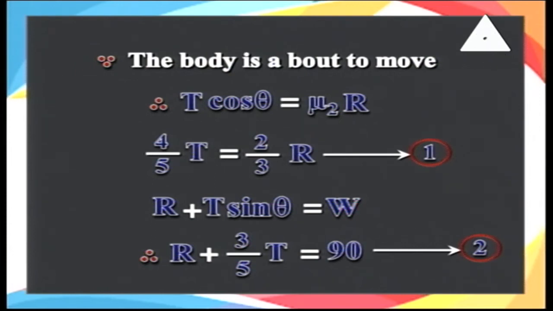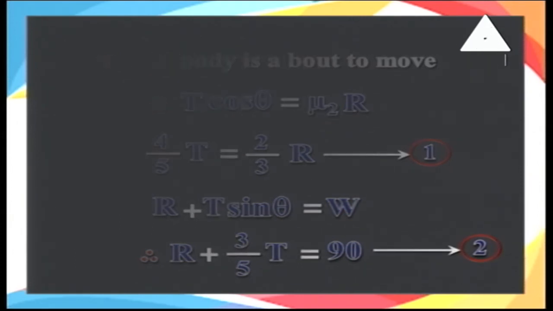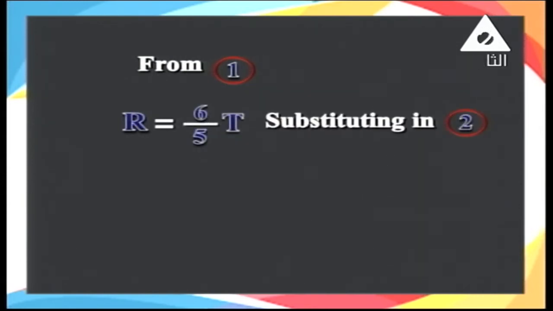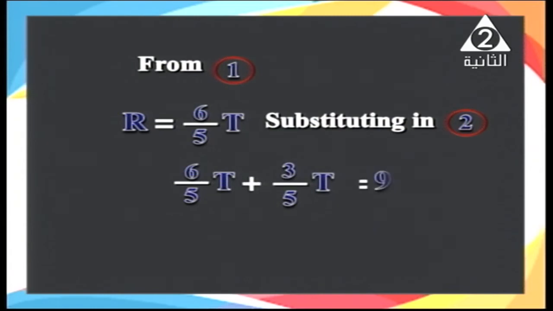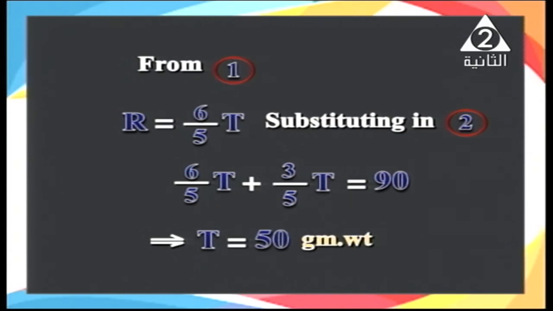By using the elimination method or substitution method, from 1, R equals 6/5 T. Substituting in equation 2, 6/5 T plus 3/5 T equals 90, then T equals 50 gram weight. This is the magnitude of the tension.